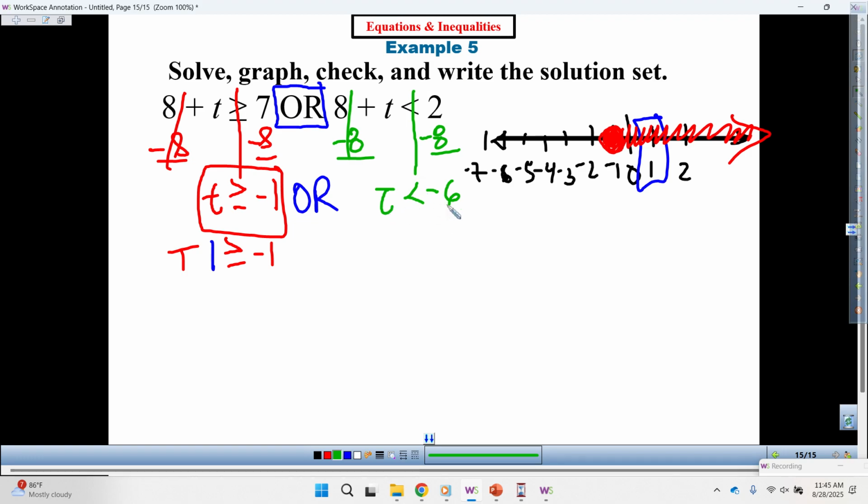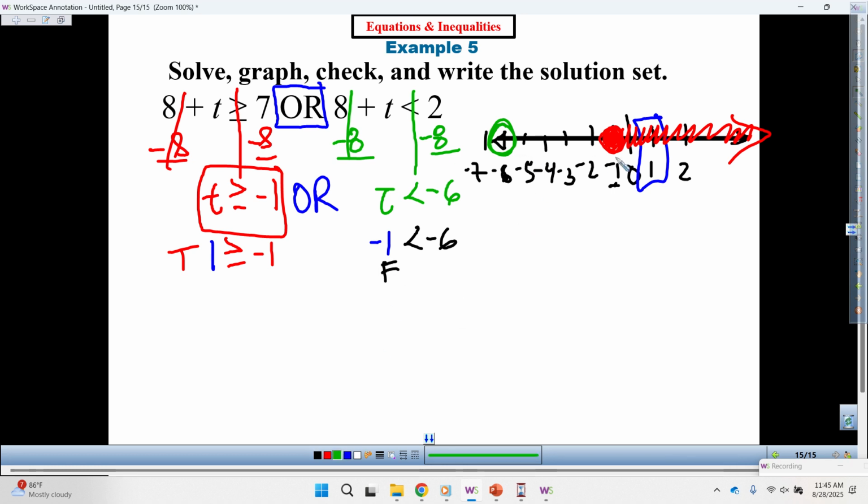Let's graph this one. t is less than negative 6, so open point. It stays open because there's no equal sign. What number do we test, Julian? Back to negative 1. Is negative 1 less than negative 6?